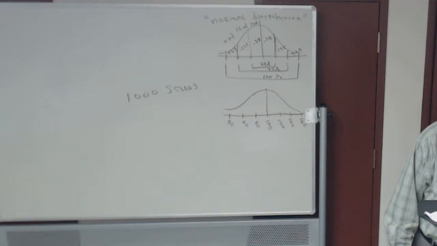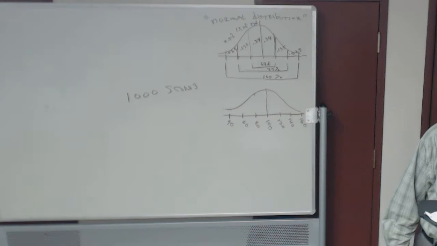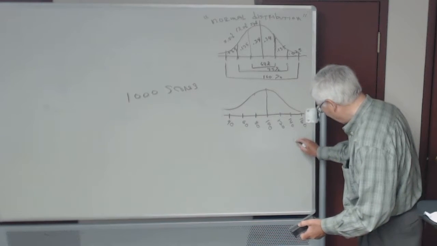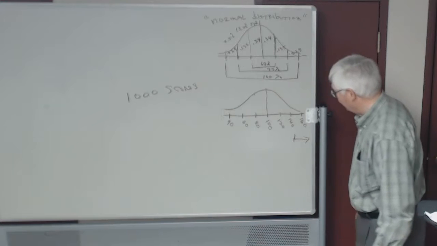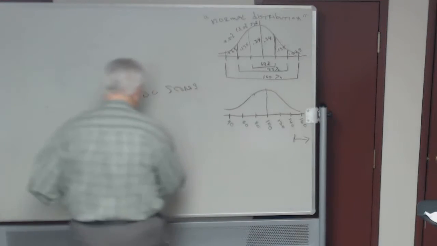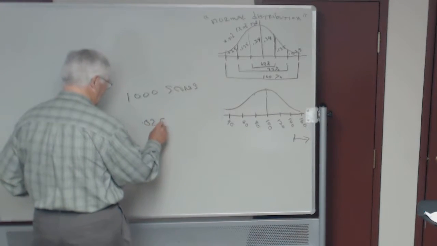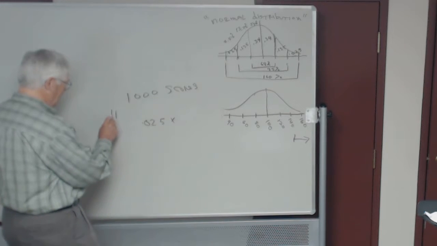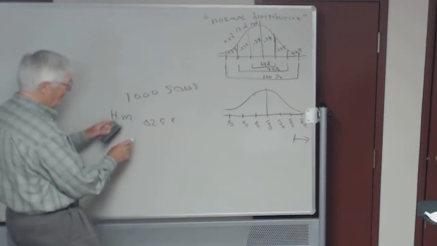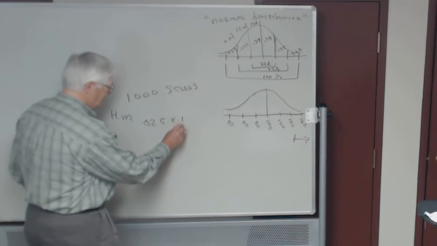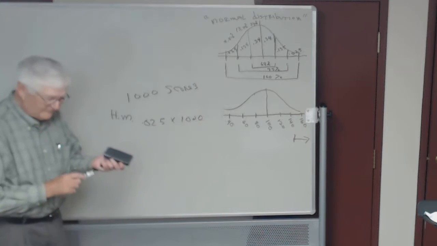Now, watch what 7a says. How many scores are above 140? Here's 140. How many scores are above 140? 0.025. Now, how many would be, how many of these 1,000? 0.025 times 1,000.